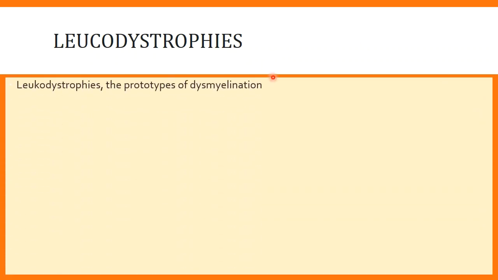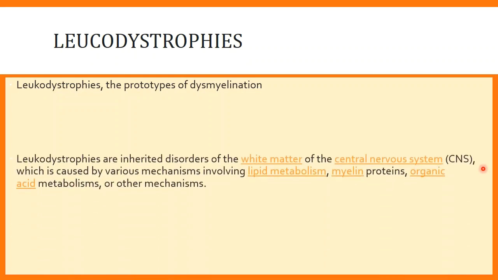Now coming to leukodystrophies. Now leukodystrophy is the prototype of dysmyelination. What is meant by dysmyelination? Dysmyelination is nothing but, what is it? Yes, it is nothing but the abnormal formation of myelin, particularly due to genetic mutations, right?